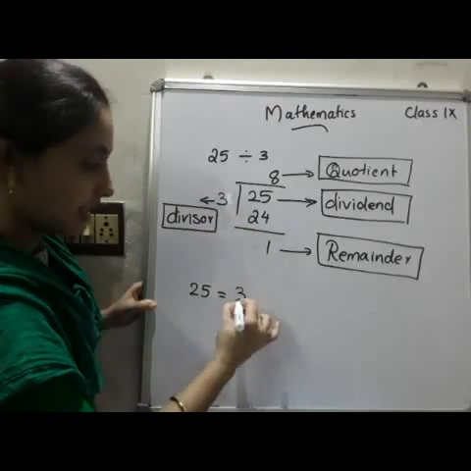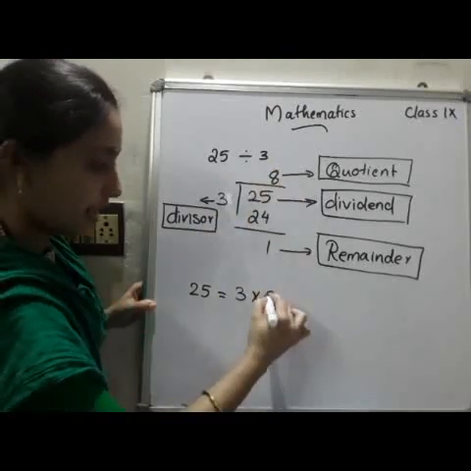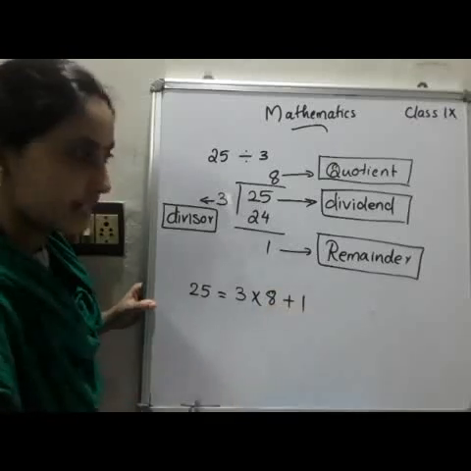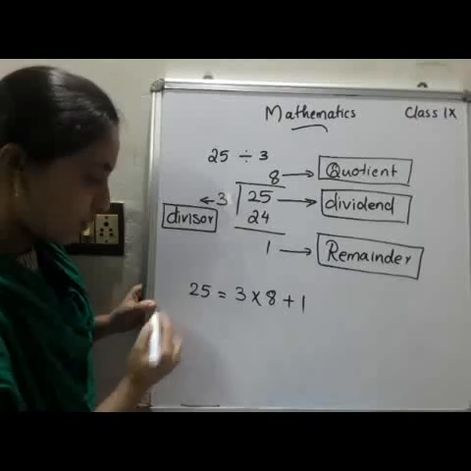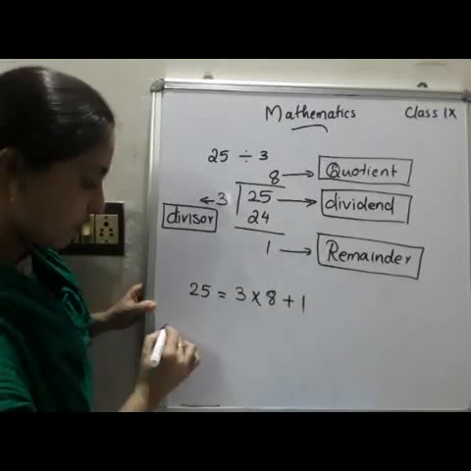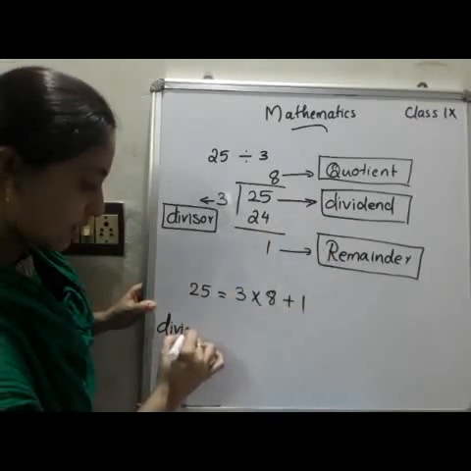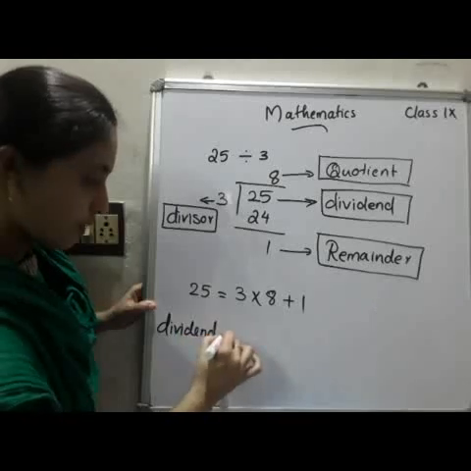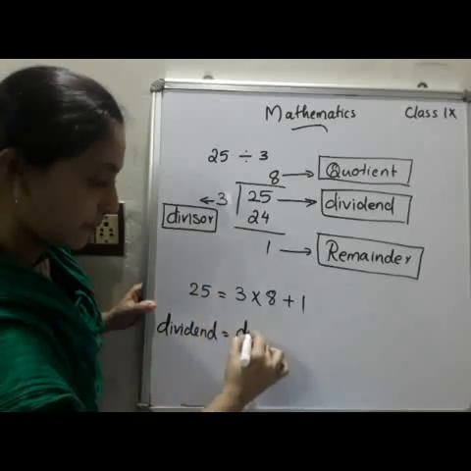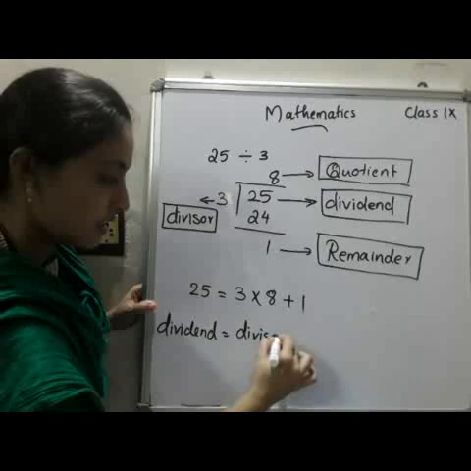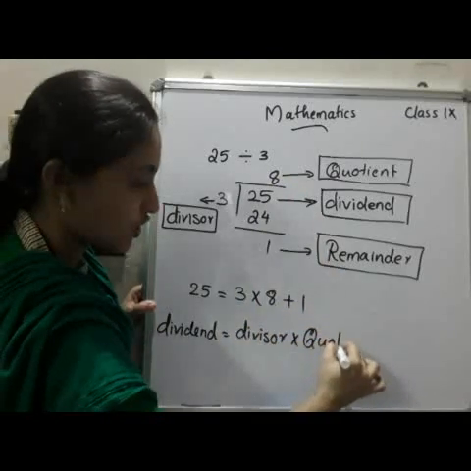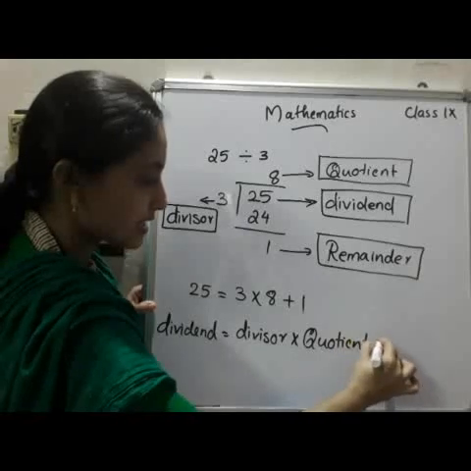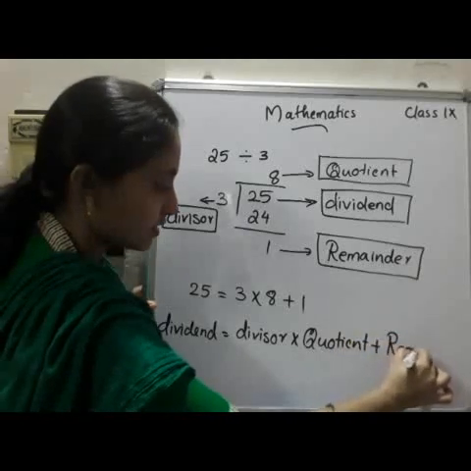Yes, 3 into 8 plus 1. 3 into 8 plus 1 is 25. Then what is 25? Dividend. So dividend is equal to, what is 3? Divisor. So divisor into 8, what is 8? Quotient, plus the remainder.